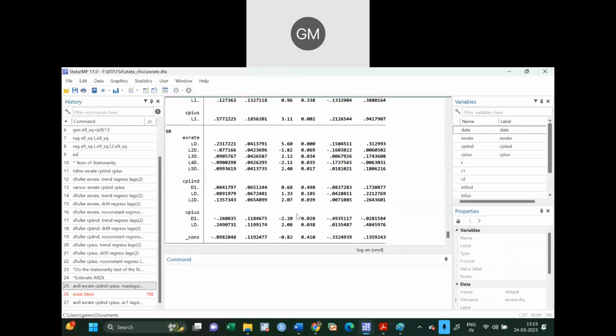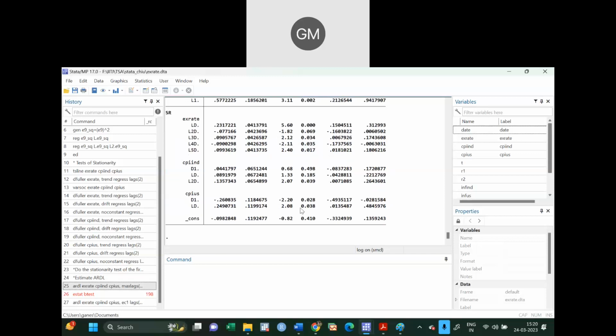So the exchange rate explaining itself can have a different story, which we are able to capture here. Whereas the consumer price index affecting the exchange rate will have a little different look. However, what we notice is that a 2 period lag is explaining the exchange rate, whereas for the consumer price index of India, the first difference is explaining, and then the first lag is explaining really well.